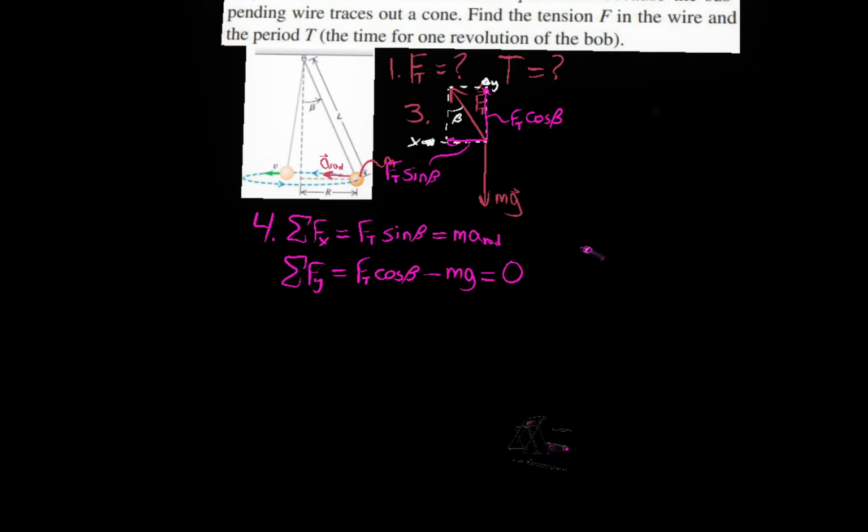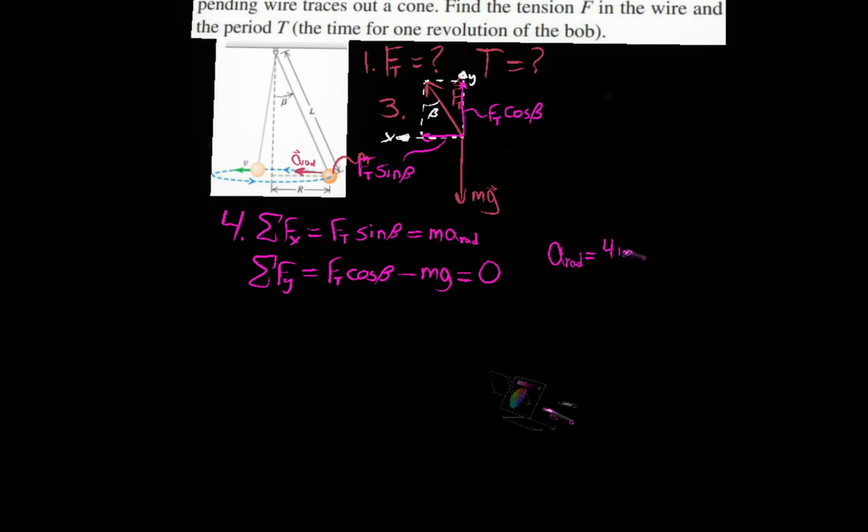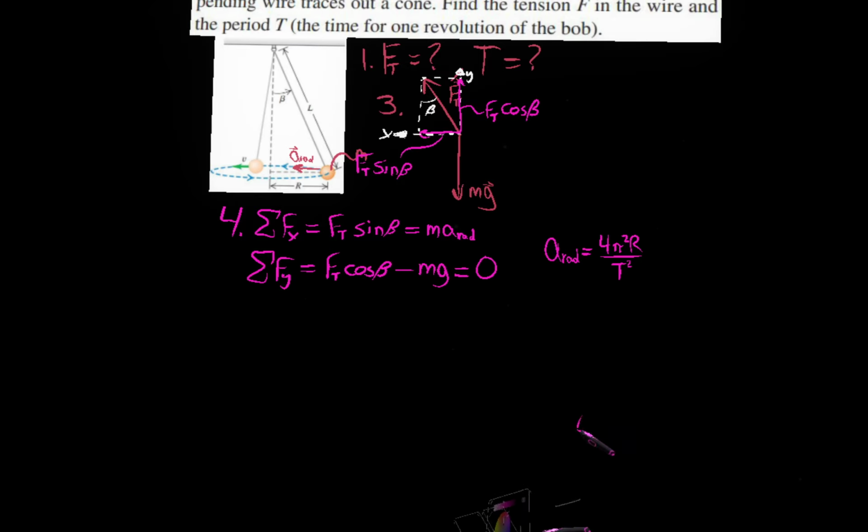So I'm going to write that over to the side here. a_rad, just copying it from above, 4 pi squared r over T squared. There it is. So those should be our 3 equations that get us everything we need. We want to solve for F_T, and we want to solve for the period.